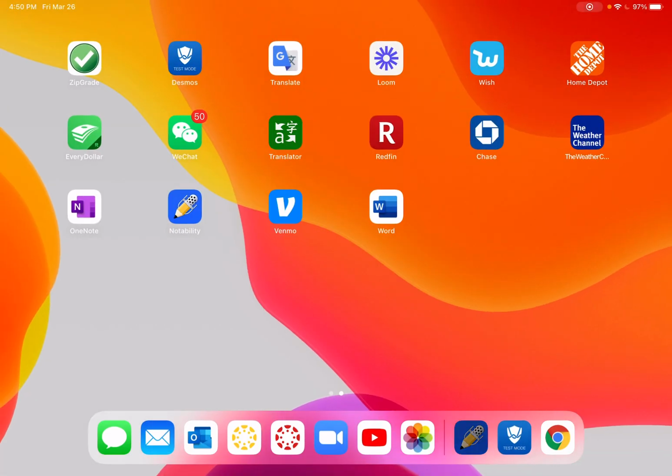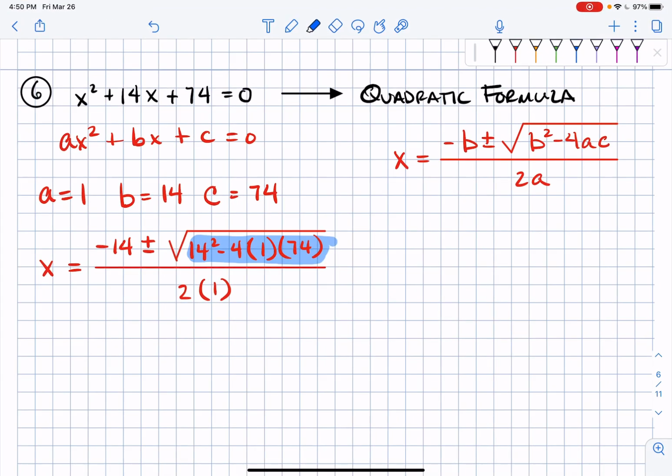So that's what you would do. So you will come in here and say, okay, that's equal to negative 14 plus or minus the square root of negative 100 all over, hopefully you guys can do 2 times 1 in your head. So we got that.